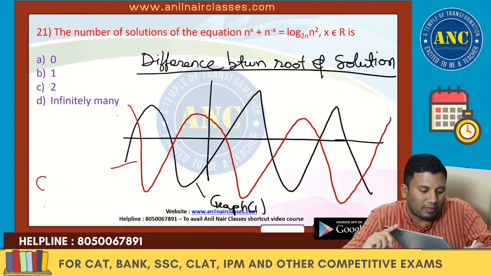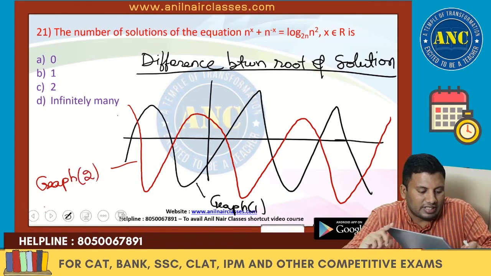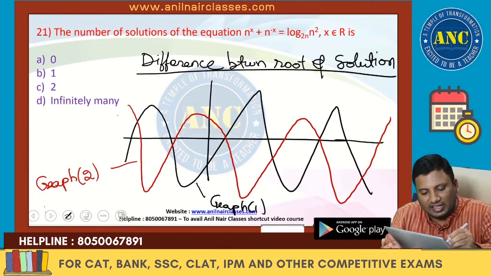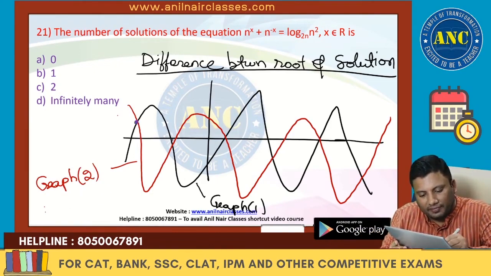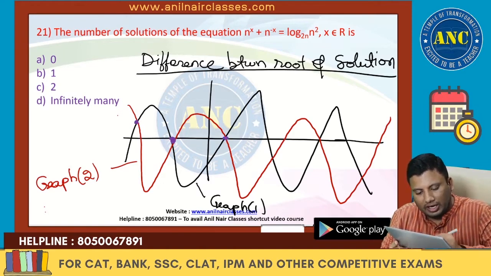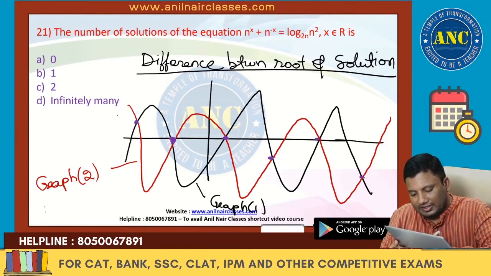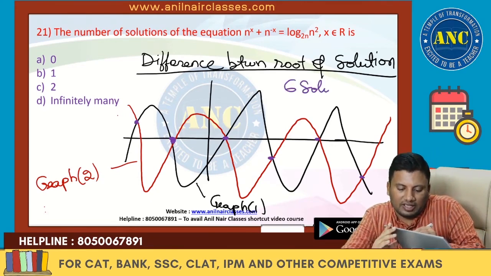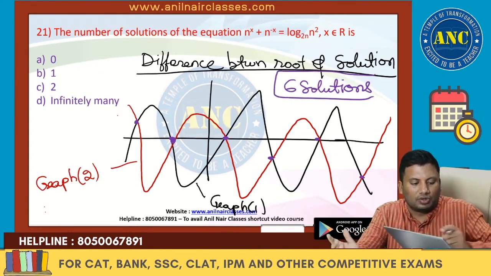Now see here. How many points of intersection are there? 1, 2, 3, 4, 5, 6. There are 6 solutions here. Whenever they intersect, they are called solutions.